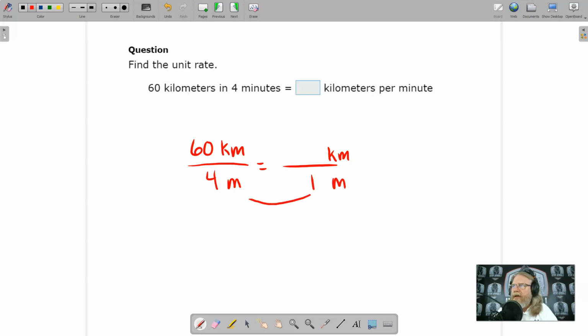So 4 divided by 4 is 1. So let's divide the numerator by 4 as well. 60 divided by 4, let me see. Half of 60 is 30, half of 30 is 15. So that should be 15, right? So 15 kilometers is the answer. I could have just divided 60 by 4 and got 15.